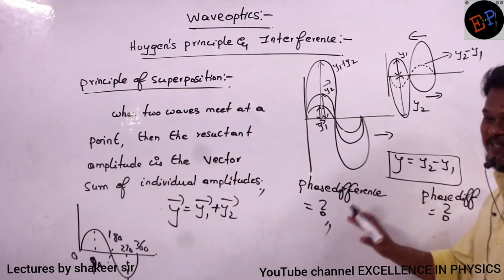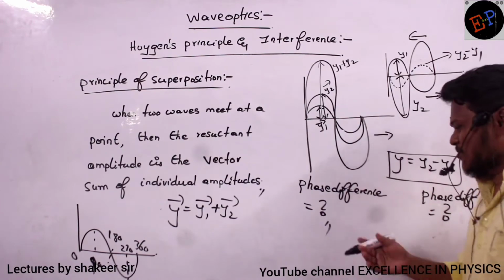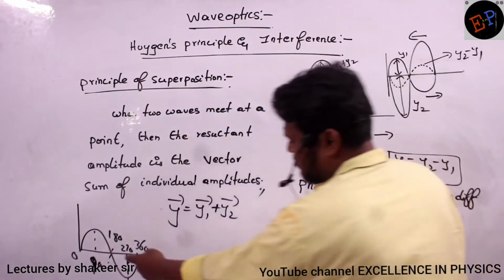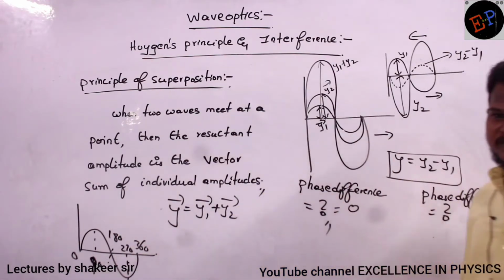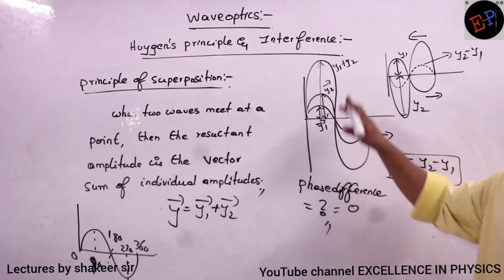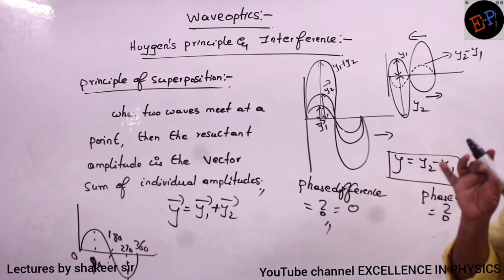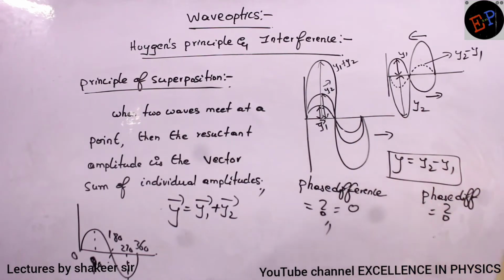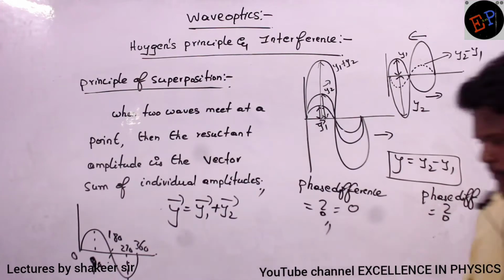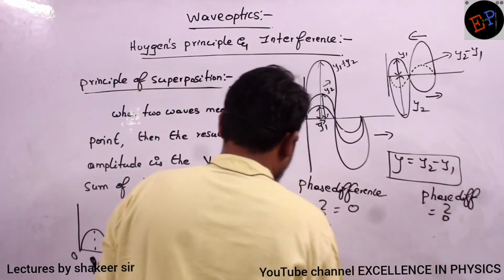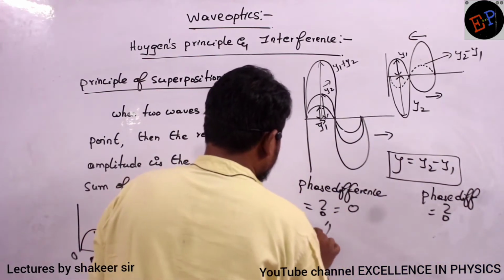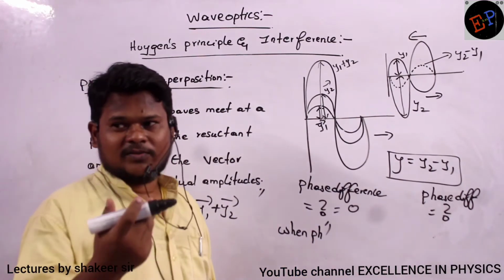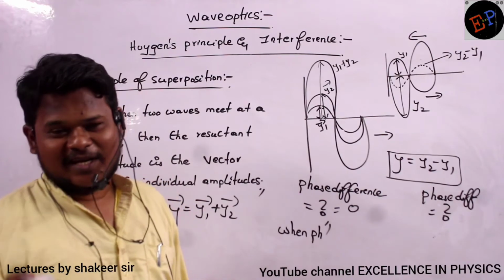The phase difference between these two waves is 0. Why is it 0? Crest is superposing on crest. There is no phase difference. So when the phase difference is 0, it is called constructive superposition. You can remember it like this also. So what do I write? Phase means the angle covered by the wave.